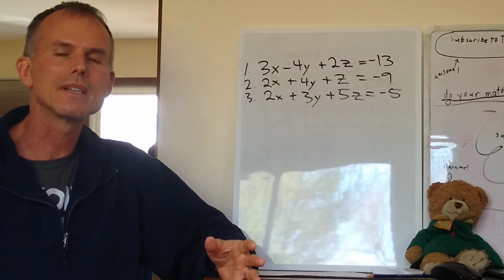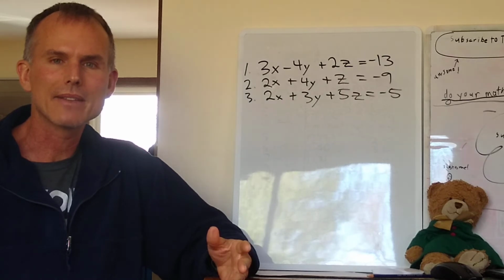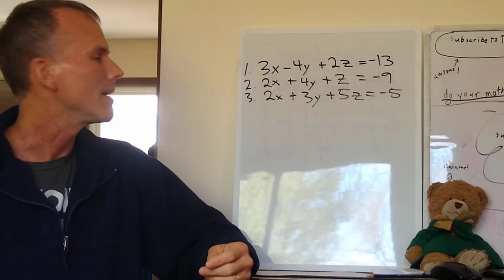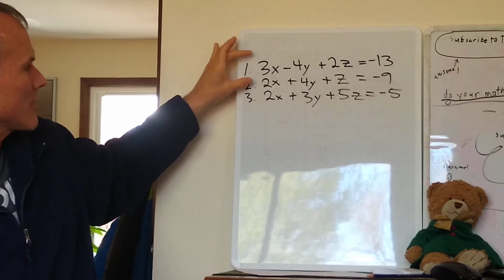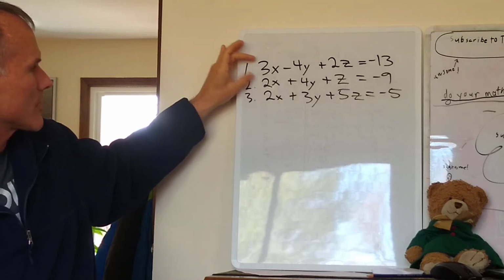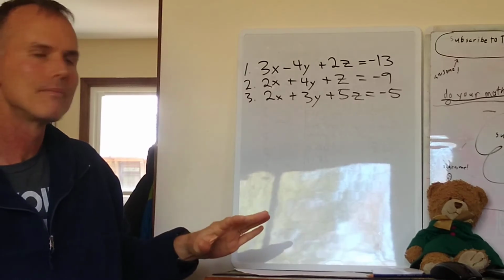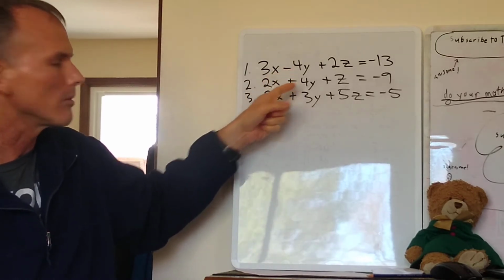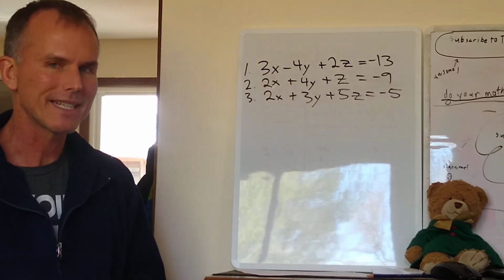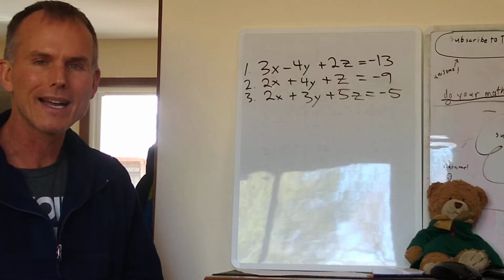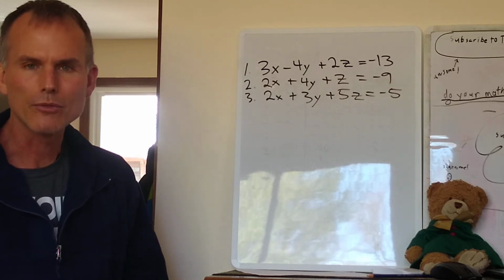Remember we learned a method yesterday, I think, called elimination. Well, it looks like if I simply add equation 1 and equation 2 the way they are, the y variable will be eliminated because negative 4y plus positive 4y would go to 0.